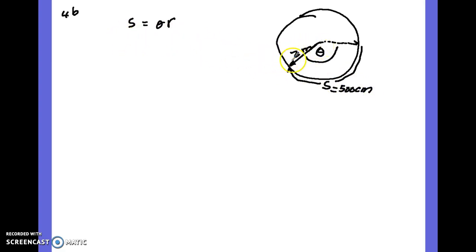So I'm going to have to convert either the centimeters to meters or the meters to centimeters. So there are 100 centimeters in 1 meter. So 500 centimeters would be the same as 500 divided by 100 to be 5 meters. So for S we have 5.